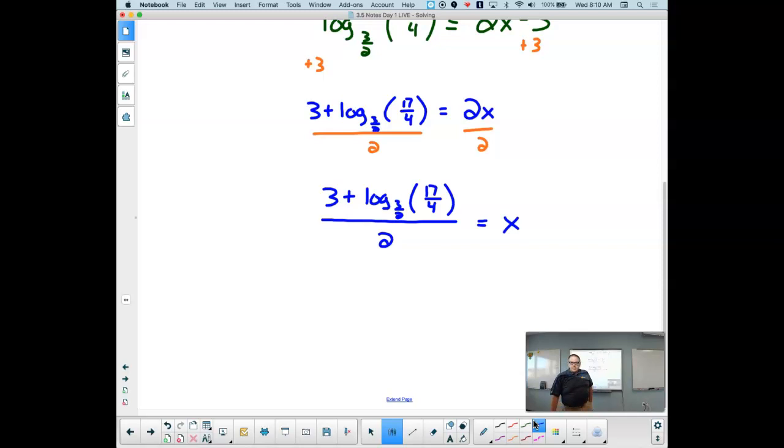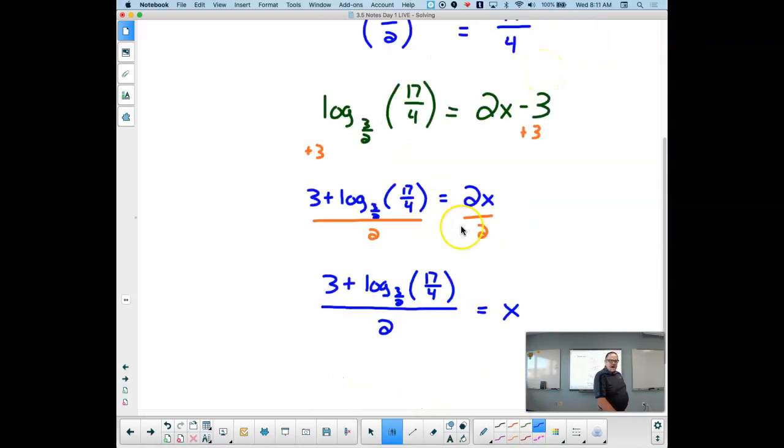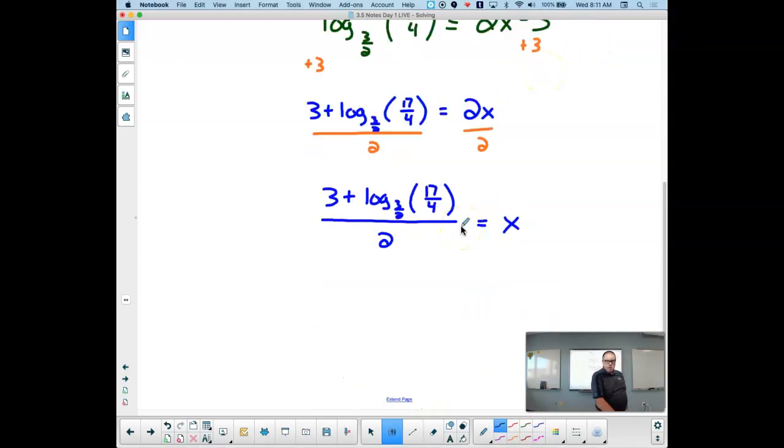Okay. But way back up at the top, you probably didn't even see it, it said we could round our answer to 3 decimal places if necessary. So we can figure this out on a calculator. Now, the more technologically advanced your calculator is, the easier this is to type in.